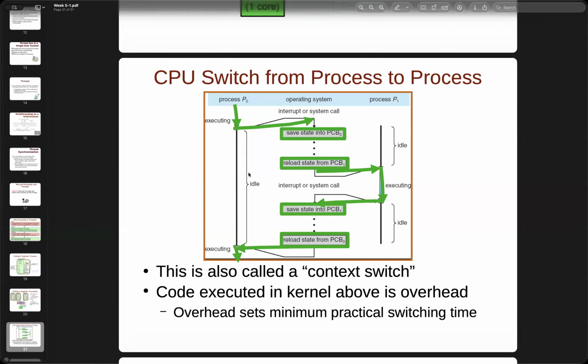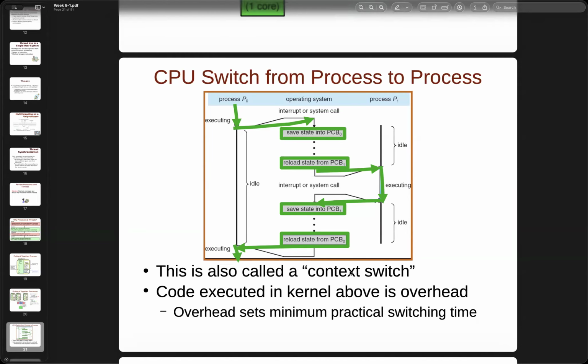Execution starts, and at a certain time, when we have an interrupt or system call, we need to save the state into the PCB. Then we do something, and we need to reload the state. If we're switching to process 1, we need to restore the state from PCB1. We execute, and maybe it also receives an interrupt or system call, then we need to save the state of PCB1. Then if we need to go back to process P0, we need to reload the state of PCB0 and switch back.